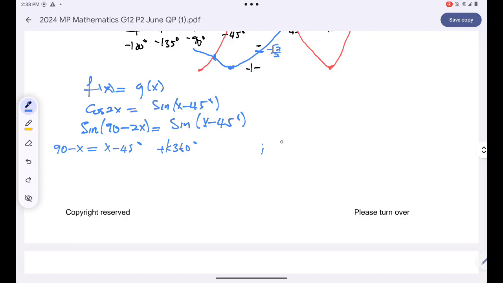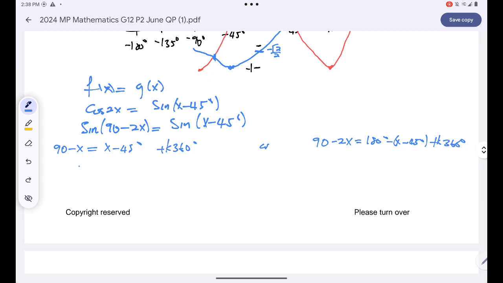But in the second quadrant, 90 minus 2x is equal to 180 degrees minus (x minus 45 degrees) plus k 360.